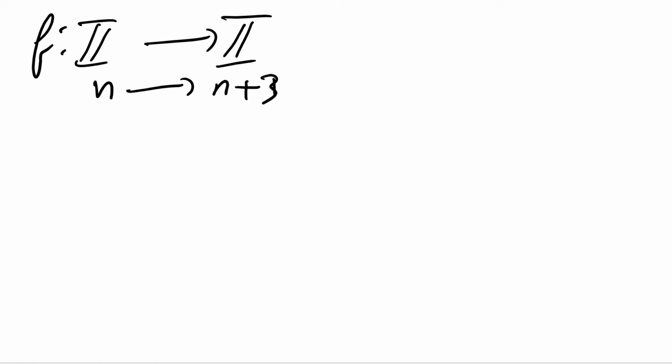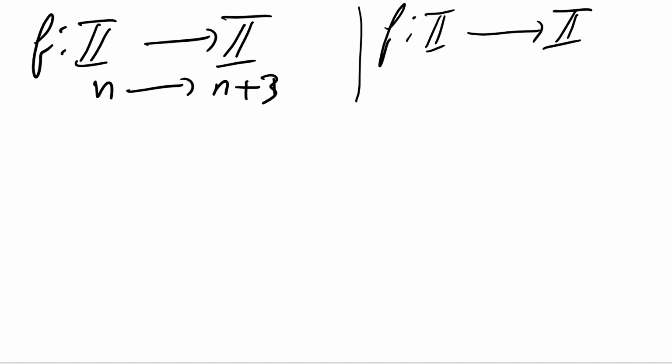So get familiar with this kind of notation. You can also see stuff like this: f from this set to Z, that from n associates f of n equal to n plus 3. So that's the same notation. It's the same thing. So the question is to show that this function is one-to-one.